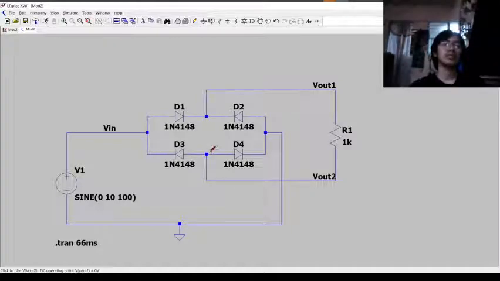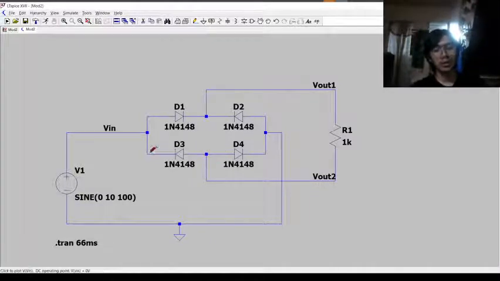So if you can remember, it cannot go to diode 4 because if it flows to diode 4, this is the side of the input terminal where it came from. So that's not possible. So it will go to diode 3. After it goes to diode 3, it will return to the source, which is the positive side of the input terminal.